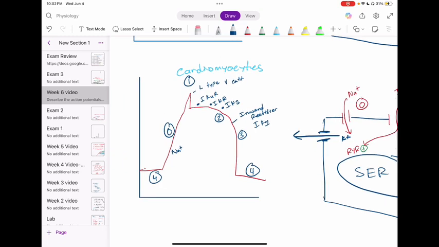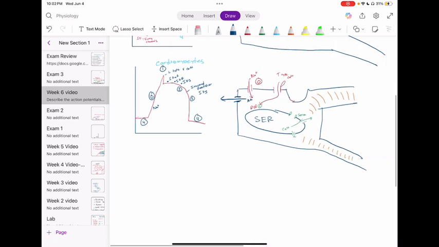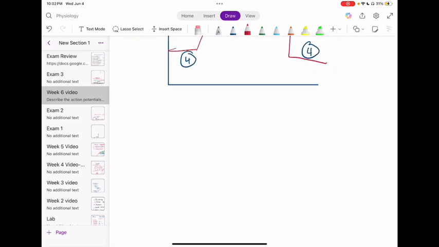Now we're going to talk a little bit about our waves. Okay, so we have a cell here, or not a cell, we have a heart.